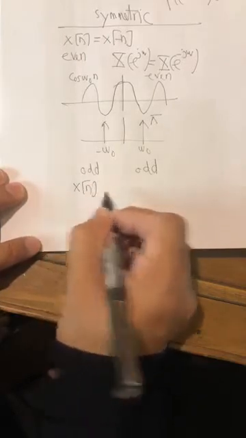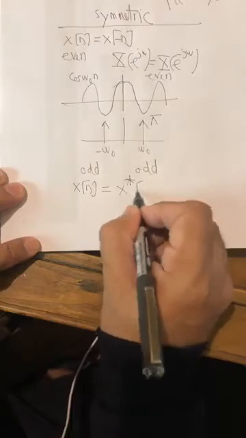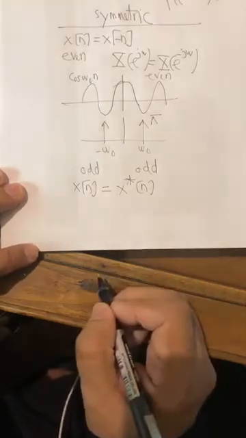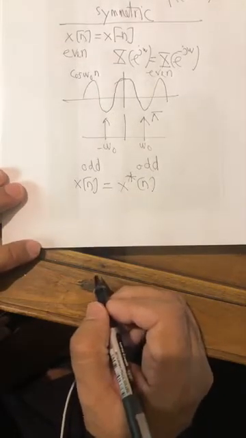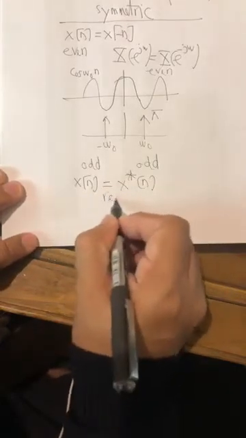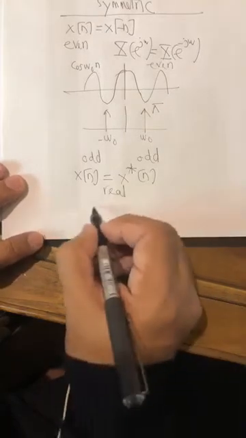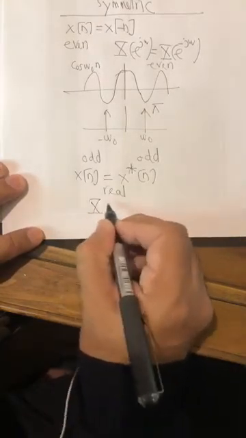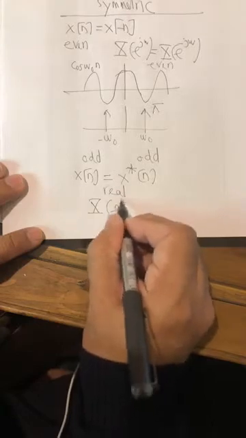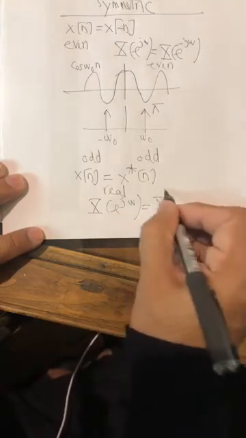But the important question is, what if the signal is real? Real means if you take its conjugate, it remains the same, since there is no j. Then the Fourier transform of a real signal is, first of all, not real. That's the problem.